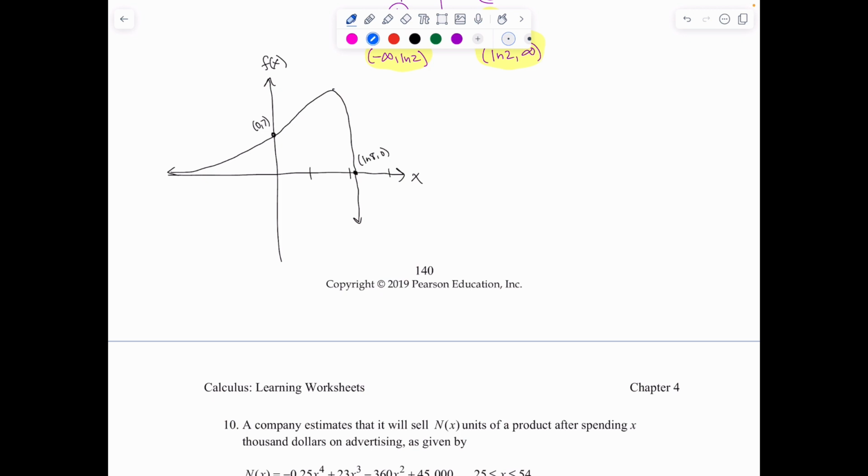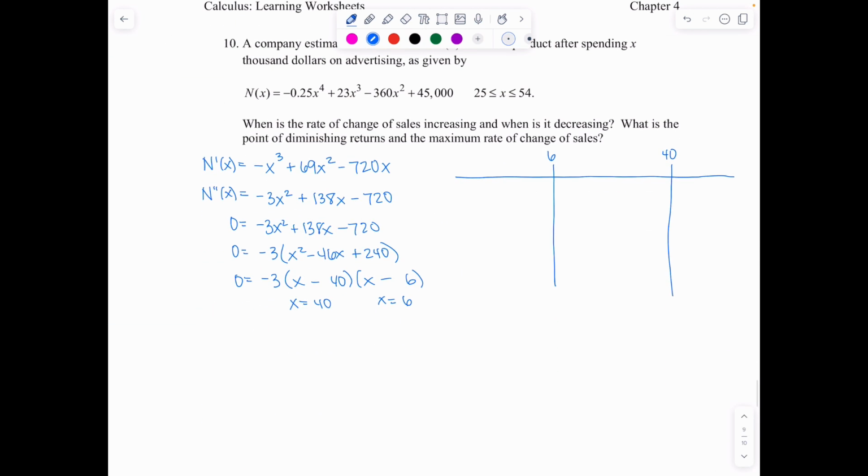So let's do 39, 41, and we're not going to worry about less than 6 because look at what our domain is.